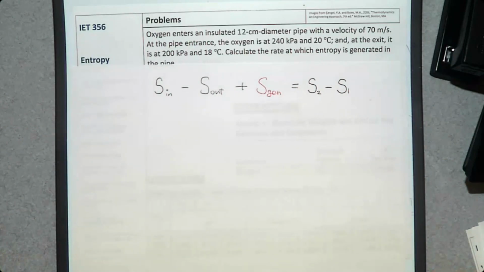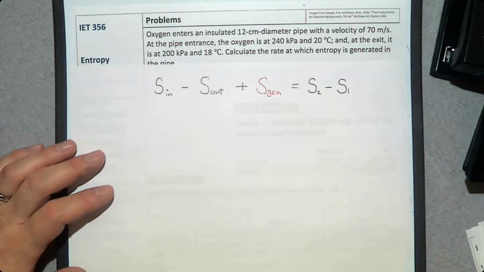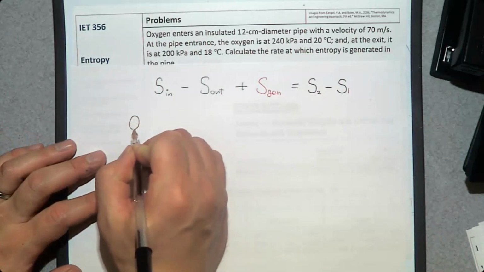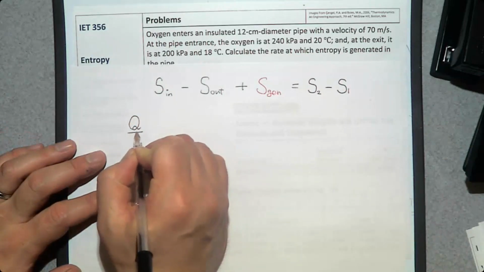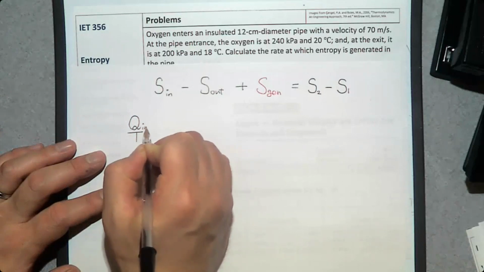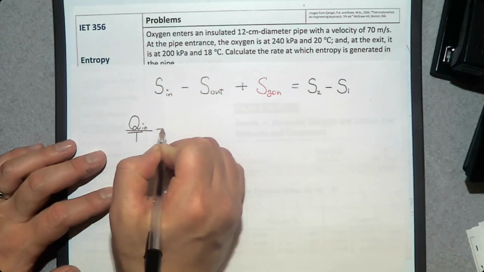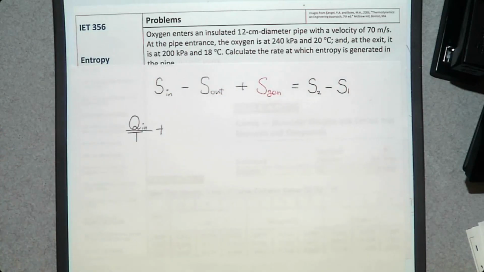Then there are three entropy transfers that we can consider. The first one is by heat, which is Q in over temperature. And there is no entropy transfer by work, because when work goes in and out, there is no change in entropy, because you do not create any waste form of energy when you transfer work.